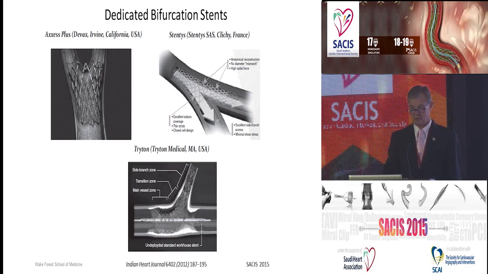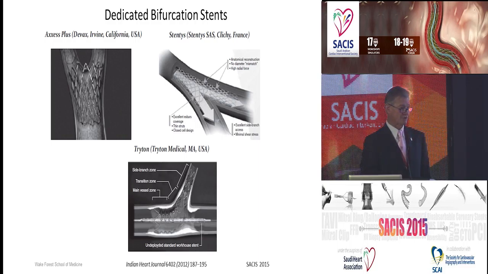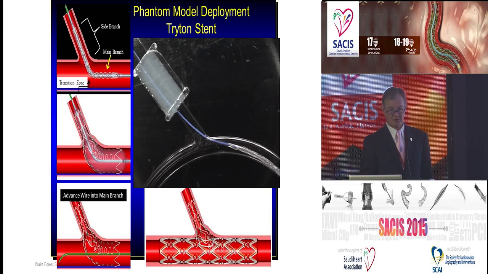I don't know about you all, but I always like seeing models and things moving around, and it kind of helps illustrate the point better than me standing up here and trying to describe it. But what you can see is that the device hinges on having a sleeve of a bare metal stent into the diagonal branch, and then minimal scaffolding as you come back into the main vessel.